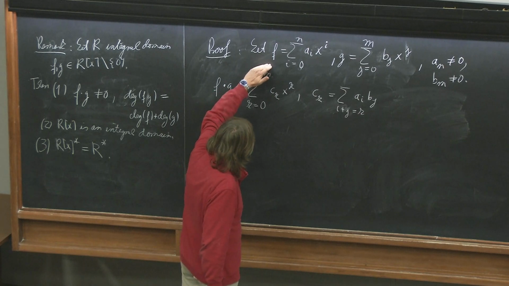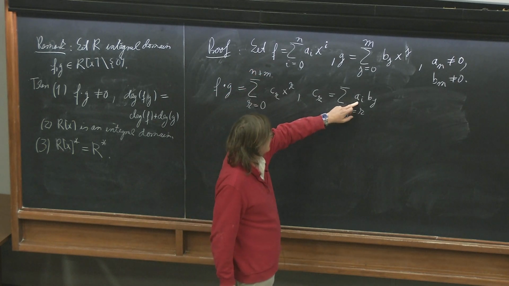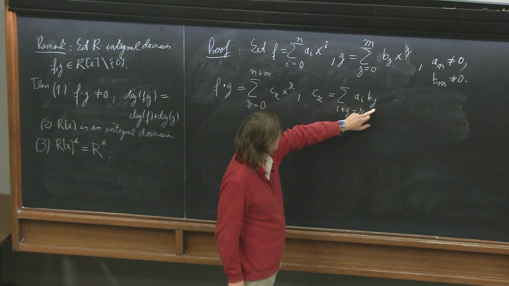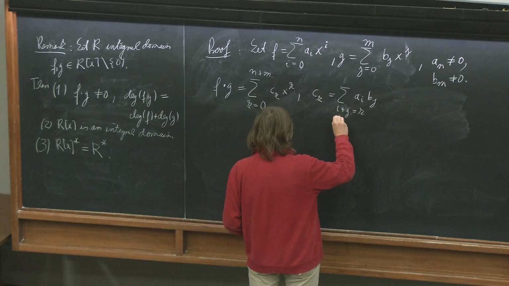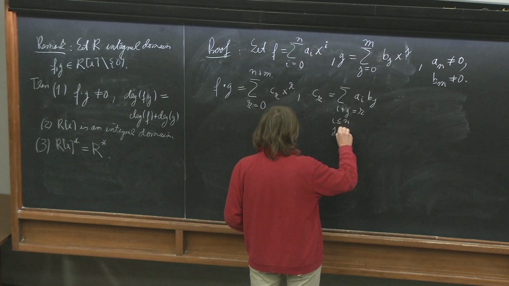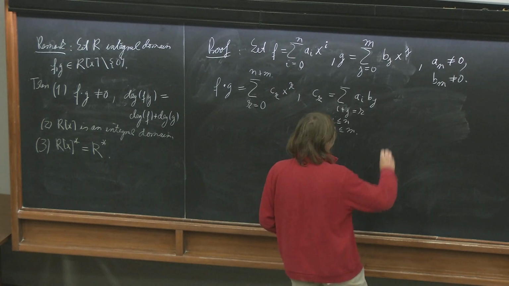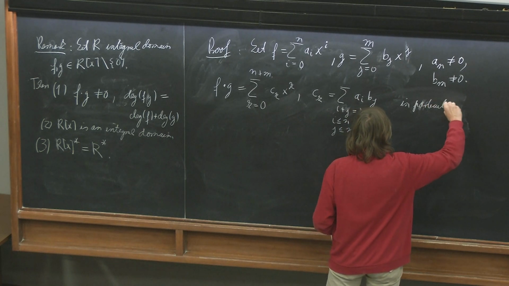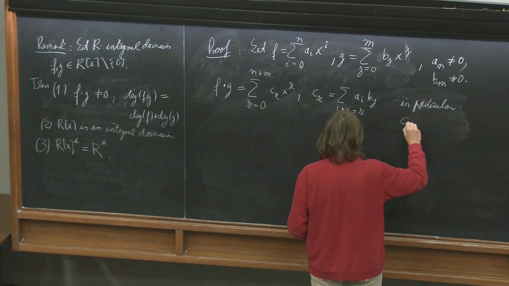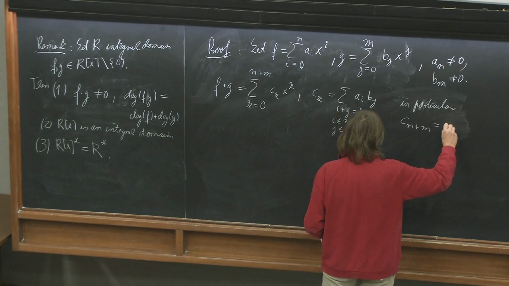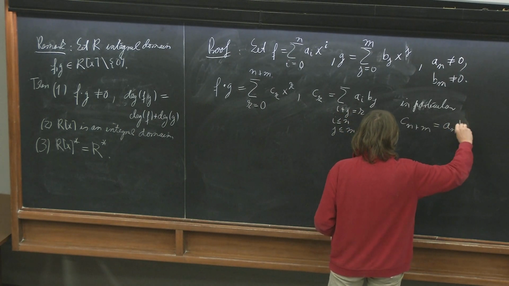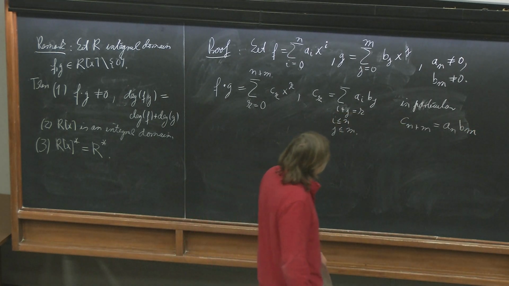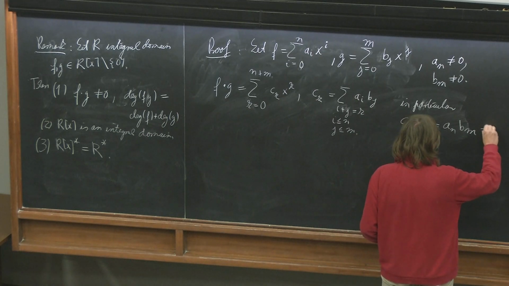Now, in particular, to get n plus m there's only one possibility, namely that i is equal to n and j is equal to m. Here, obviously, i is smaller or equal to n, and j is smaller or equal to m. So in particular, we have that c_{n+m} is equal to a_n times b_m. And a_n and b_m are both non-zero, and R is an integral domain, so this is different from 0.